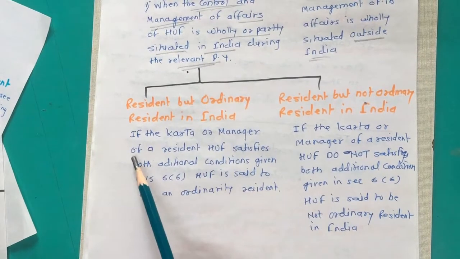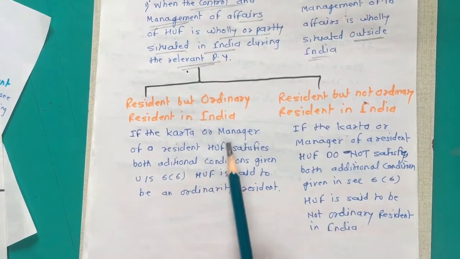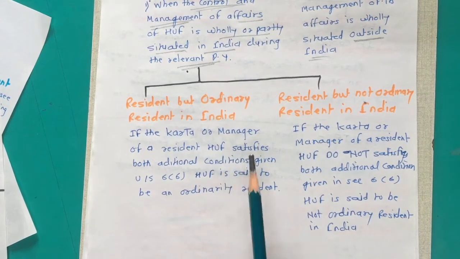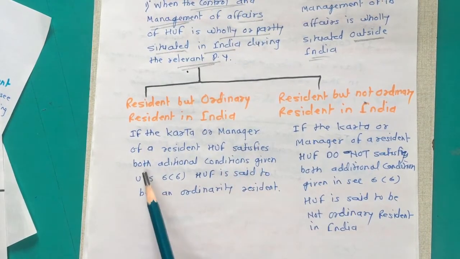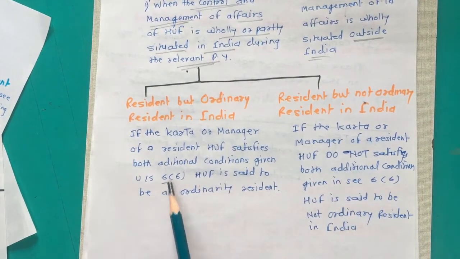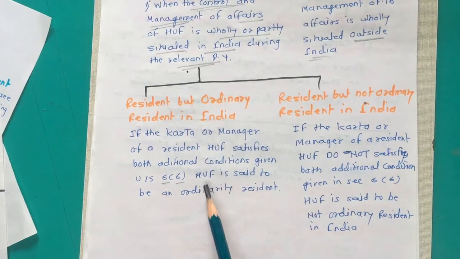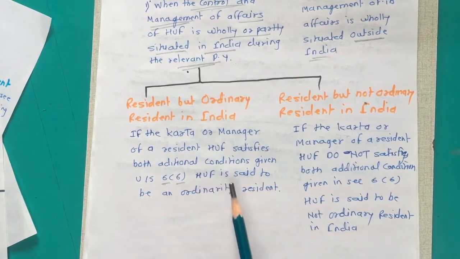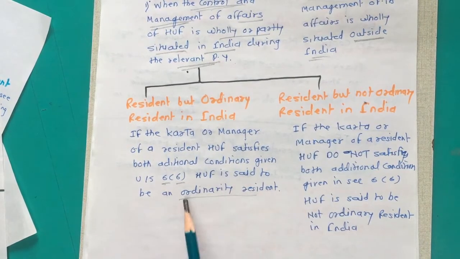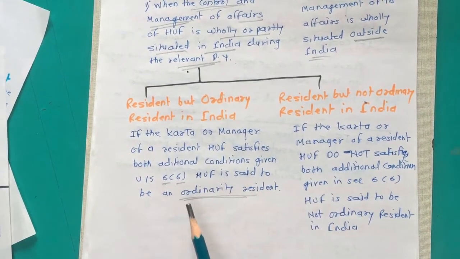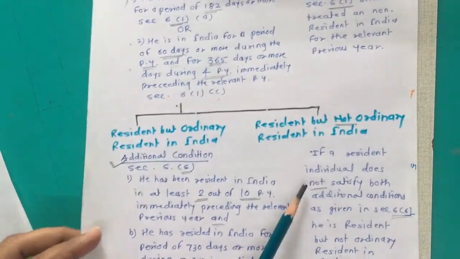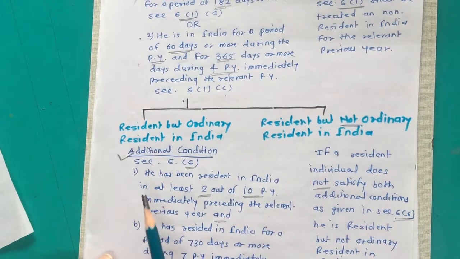First, if a karta or manager of a resident Hindu undivided family satisfies both additional conditions given under section 6 subsection 6, the Hindu undivided family is said to be an ordinary resident in India. Section 6 subsection 6 मध्ये या ॲडिशनल कंडिशन दिलेल्या आहेत. काय आहेत?